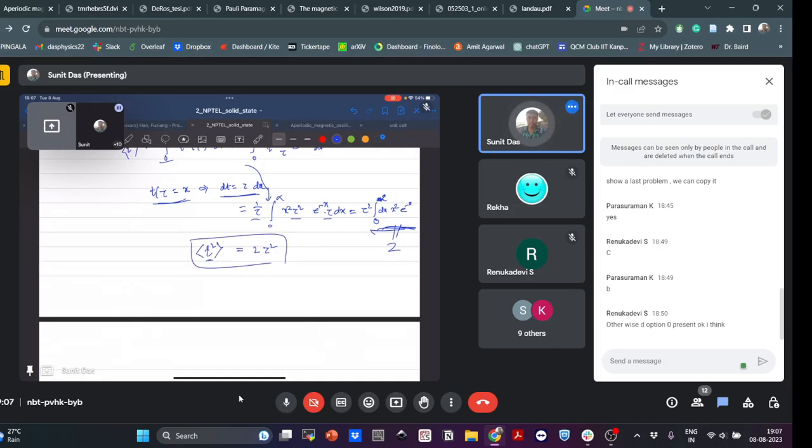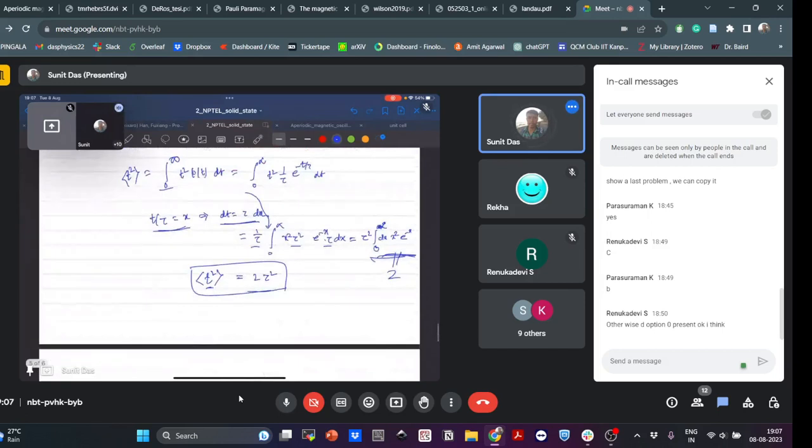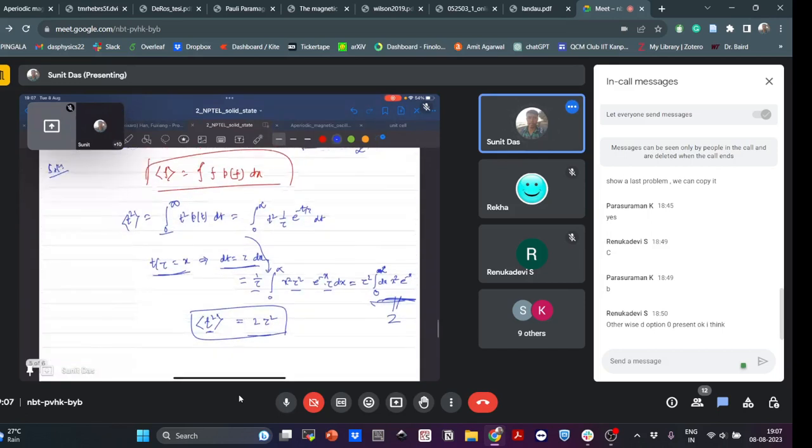The average of the square of the time interval between two collisions is 2 tau square. So this is the right option. Okay, so did everyone understand it? You may want to copy it. Please let me know if you have any doubts.